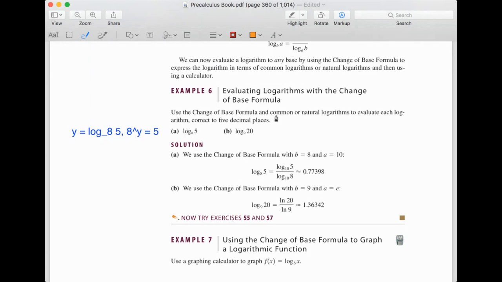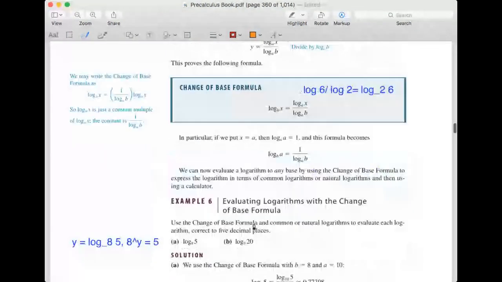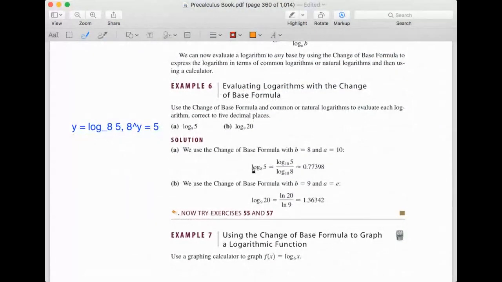So we follow the change of base formula. So log base a of 5, we can change it to be log base 10 or ln. Then we can go to the calculator, find the value of log base 10 of 5 and log base 10 of 8. Then we divide the values, and we get this.